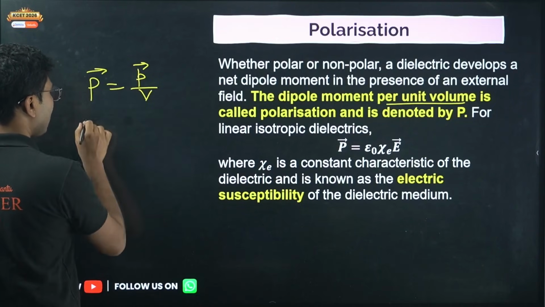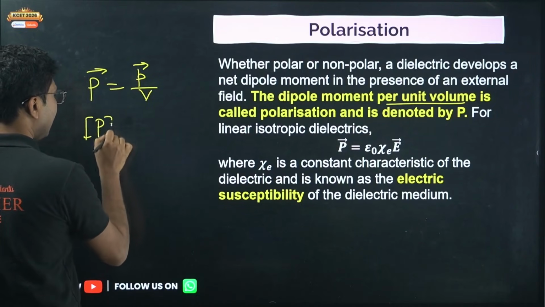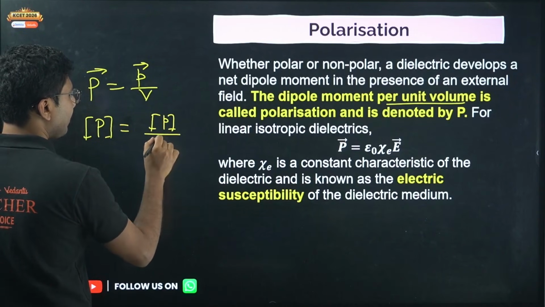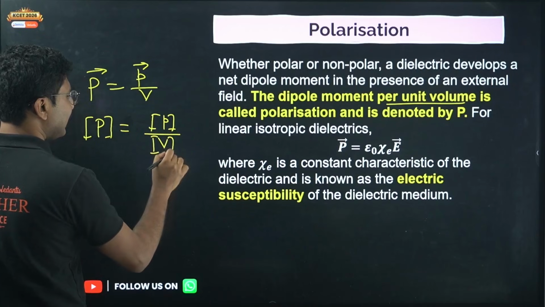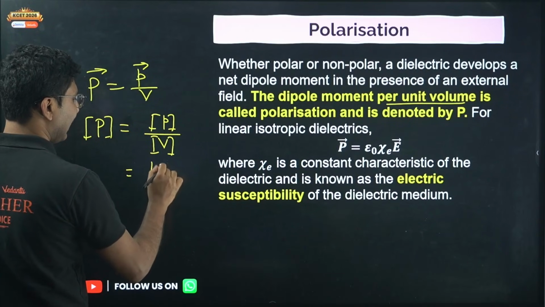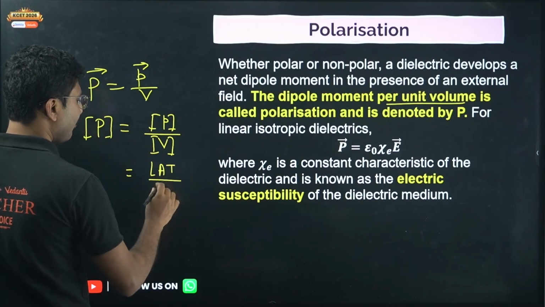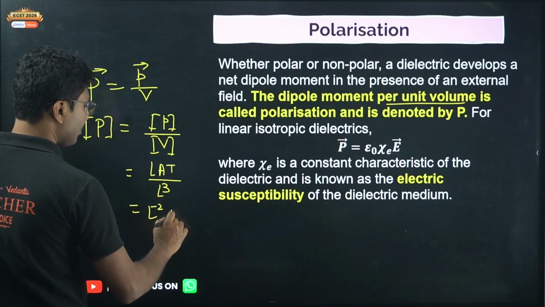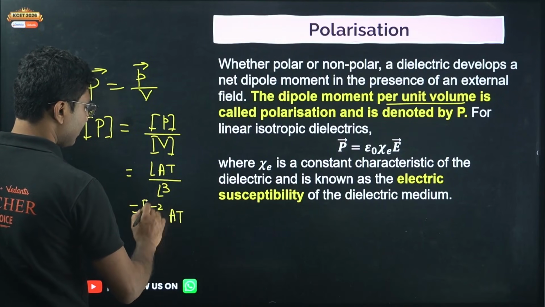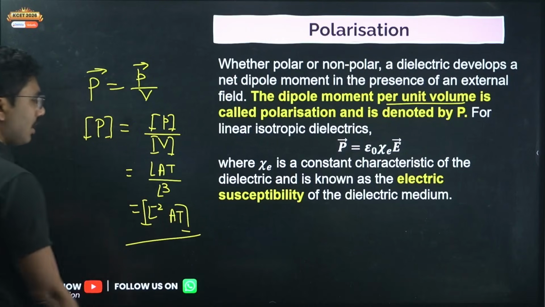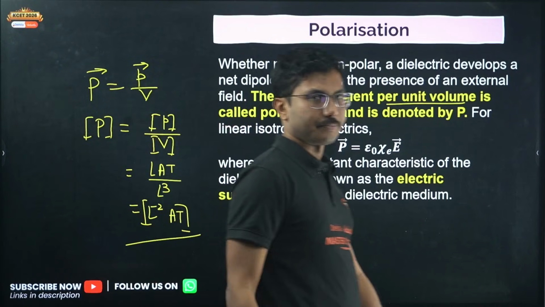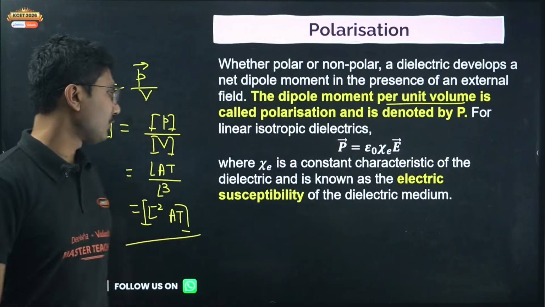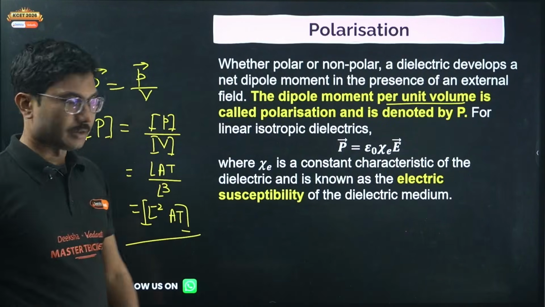So dimension of capital P equals dimension of small p divided by volume. Dimension of small p is LAT, and dimension of volume is L cube. So the net dimension is L to the power of minus 2 A T. This question is also very popular as an MCQ. So if you remember the dimension of dipole moment, you can find the dimension of polarization as well.